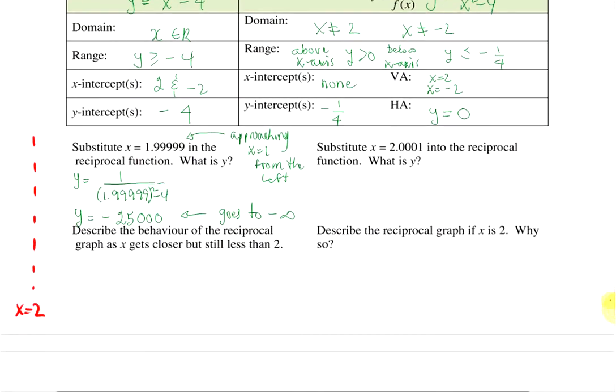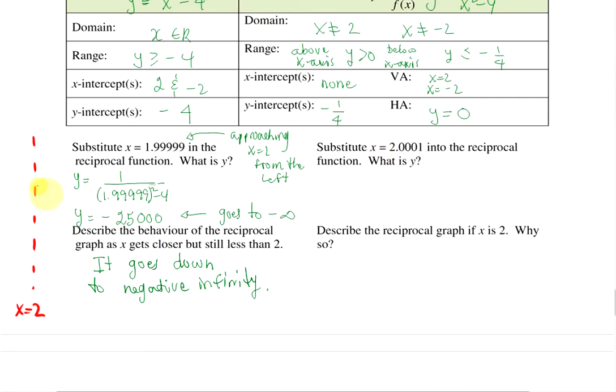Describe the behavior of the reciprocal graph as x gets closer to 2 but is still less than 2. It goes down to negative infinity. Now let's approach our vertical asymptote on the right.